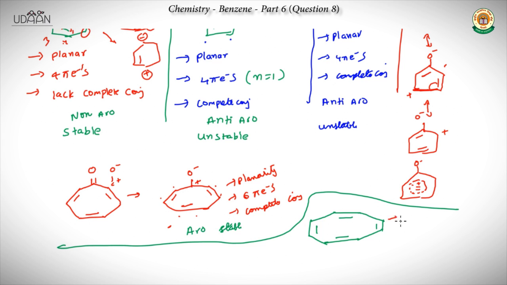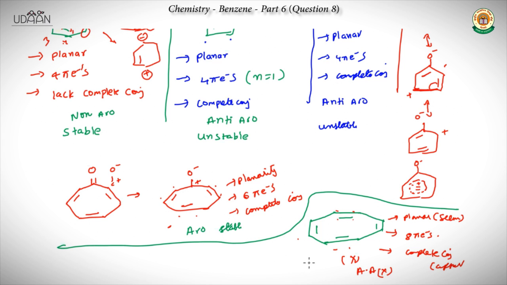It may seem to be planar, and it has, as is obvious here, 1, 2, 3, 4, 5, 6, 7, 8 pi electrons, and it appears to be completely conjugated. It appears so here, but it is not, and it appears to be anti-aromatic, but it is not.